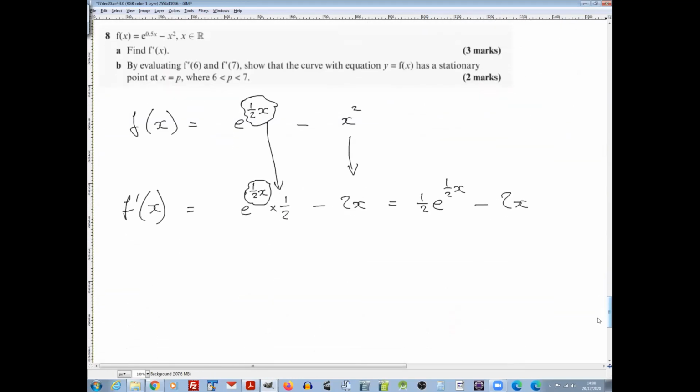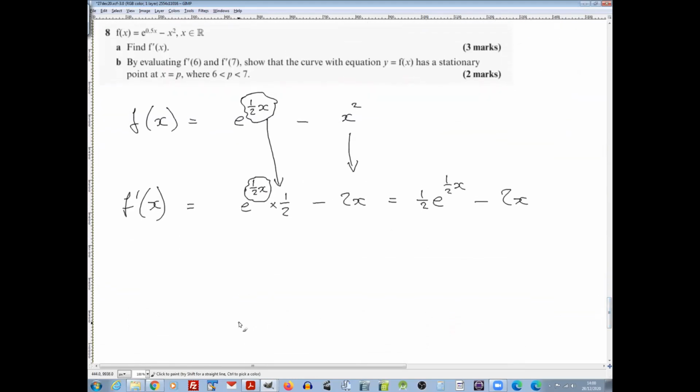That's the kind of reasoning they're requiring here. One you'll get a positive and one you'll get a negative. Positive and negative what? Gradient. Gradient, exactly, yes. 6 and 7.